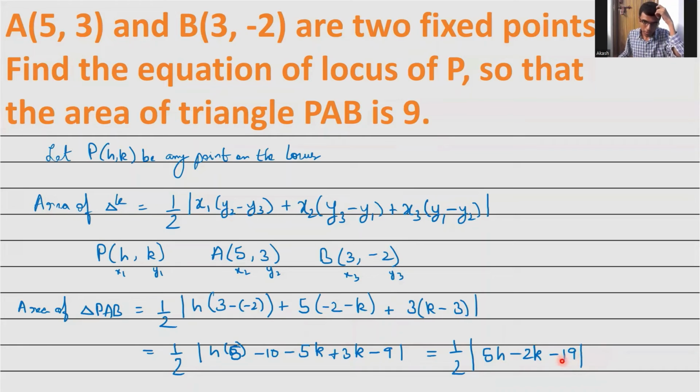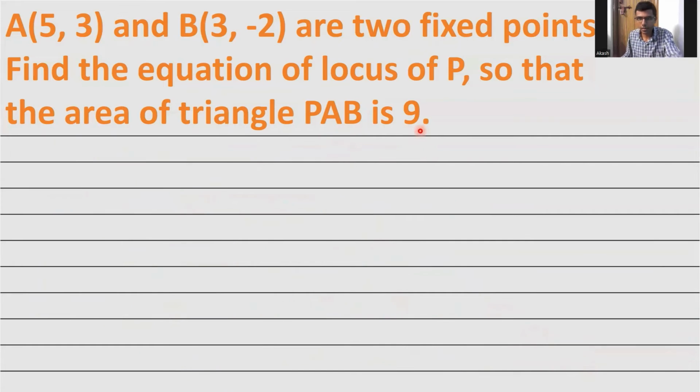Fine. So this is like this, and we got the area of triangle, half into mod. Don't forget to keep this mod all the time. So now we have half into mod of 5h minus 2k minus 19. Now this area of triangle is already given as 9. Just write down that statement: area of triangle PAB is equal to 9.